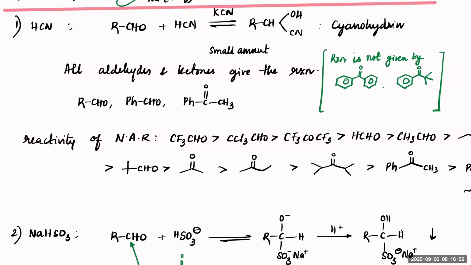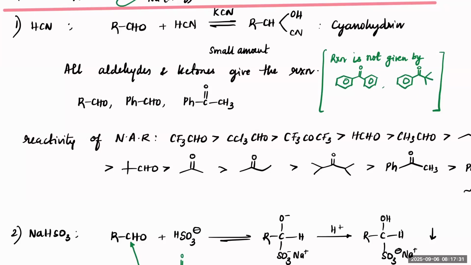Because HCN is a very weak acid, it may not be giving sufficient amount of cyanide. Just to increase the cyanide concentration, you add some extra amount of CN minus. So CN minus will get added, and oxygen will take H plus from here. So what am I supposed to get? I'm supposed to get OH and cyanide on the same carbon. Clear? So that means this will be cyanohydrin formation.